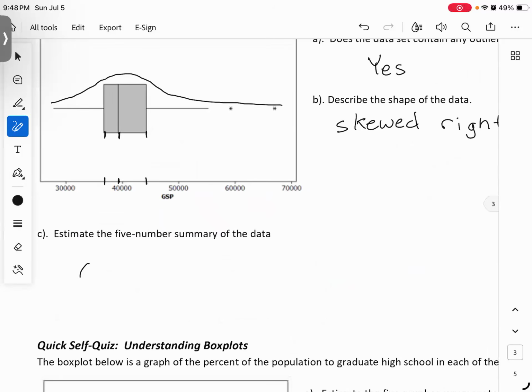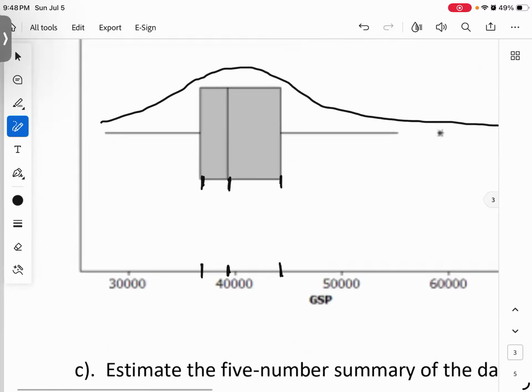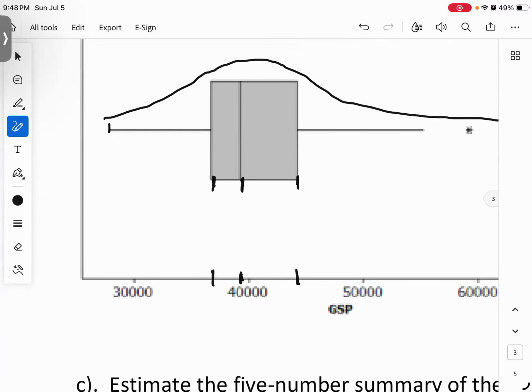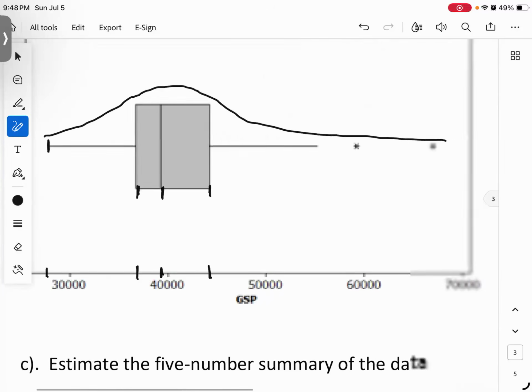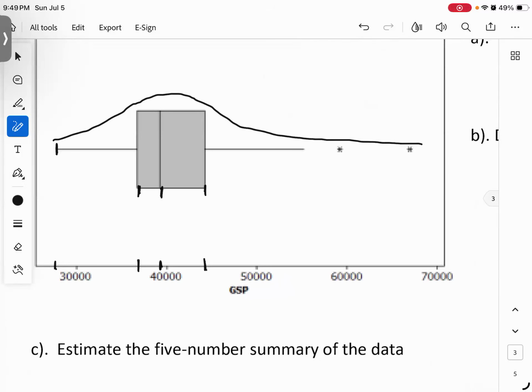And then when you're doing your 5 number summary, we've also got our min and our max on the outside. And I know why I picked this example. If this is the min right there, maybe like 27,000, 28,000, you have to be more careful in these situations where this is not the max. So I'm going to leave that off.